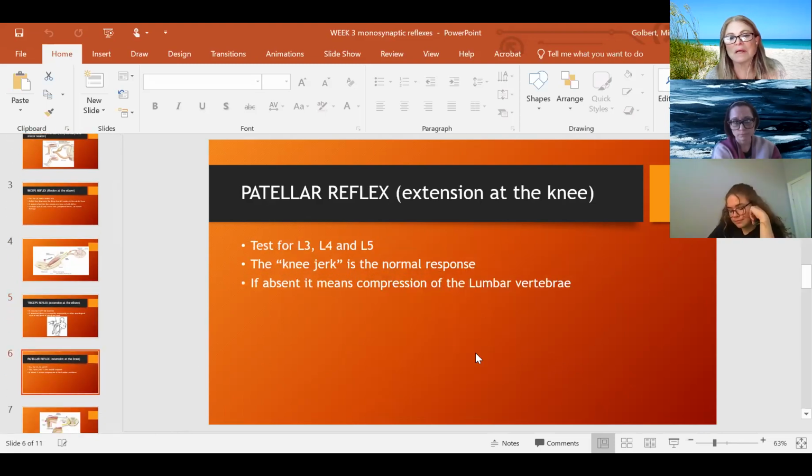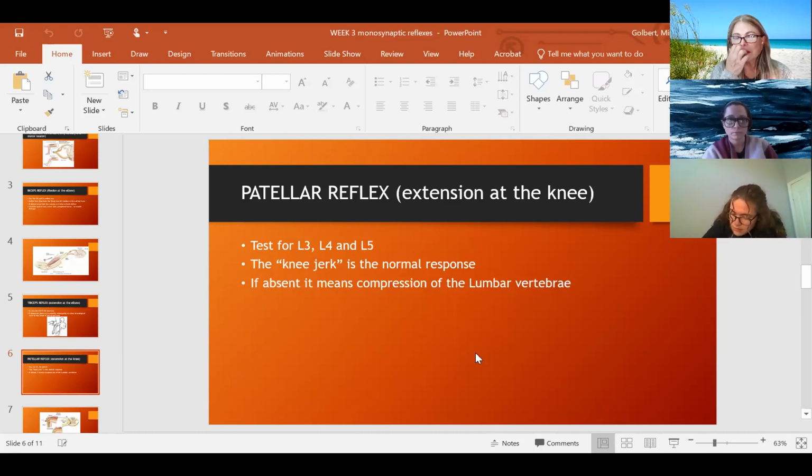And then the typical knee jerk reflex is the patellar reflex, the one that everybody uses for an example. This one obviously is testing a little lower in the spinal cord, L3, L4, L5, which is all the lumbar region. And obviously this is a common one for people to be affected. A lot of people suffer from low back pain, and it has to do with some compression in that lumbar region.